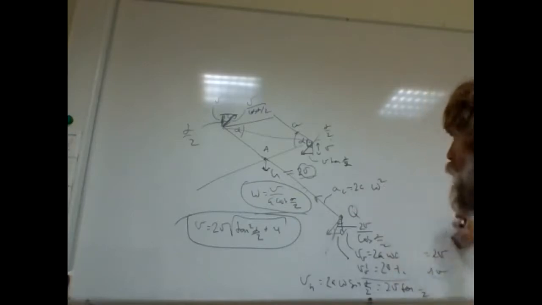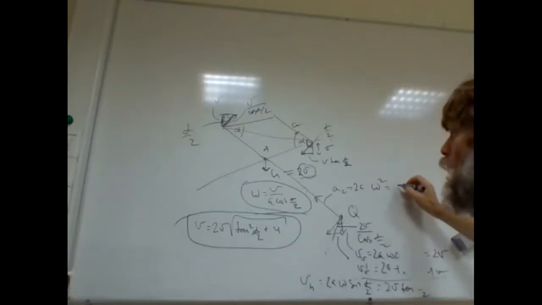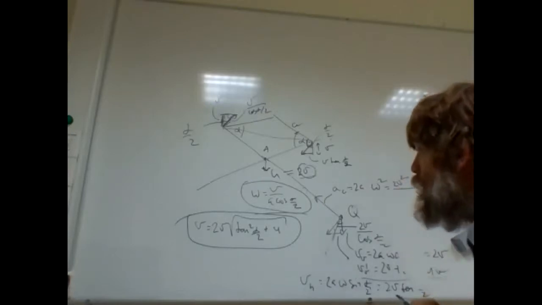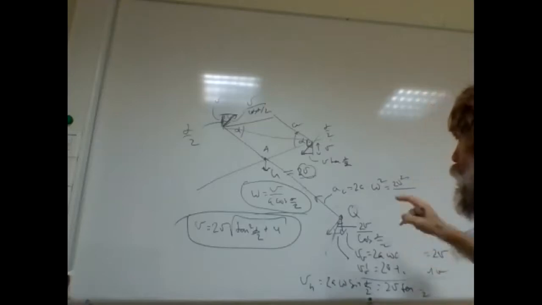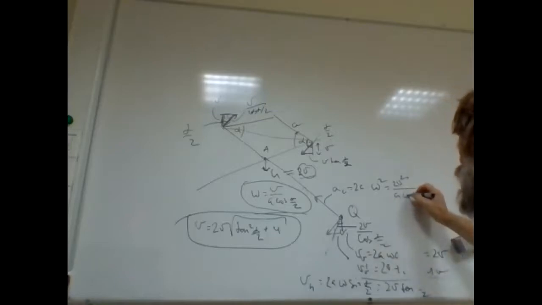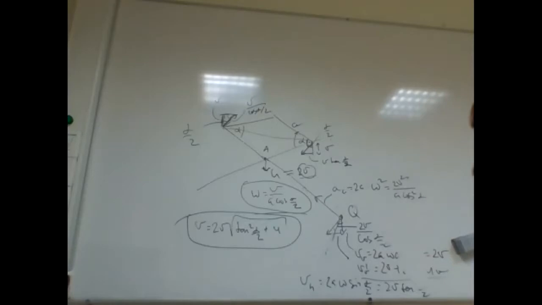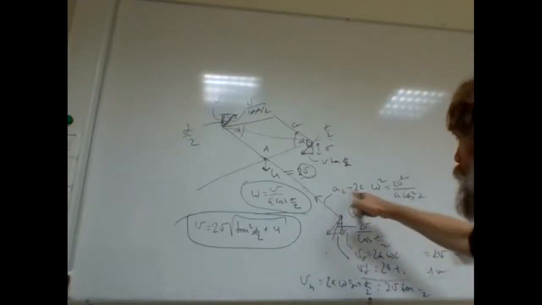And this is going to be 2v square divided by a and cosine square alpha, I presume. And this is centripetal acceleration.